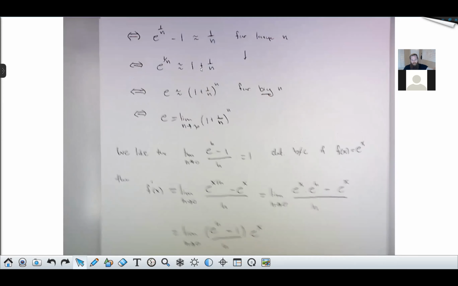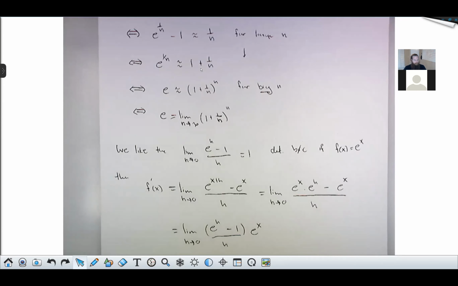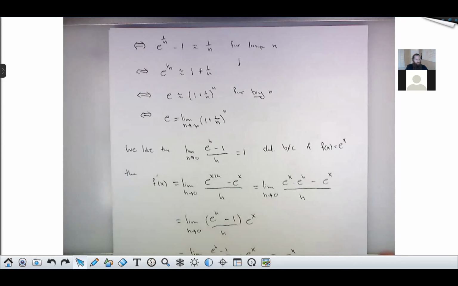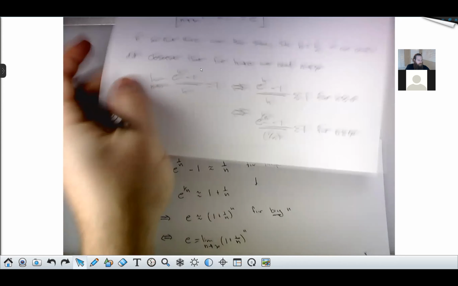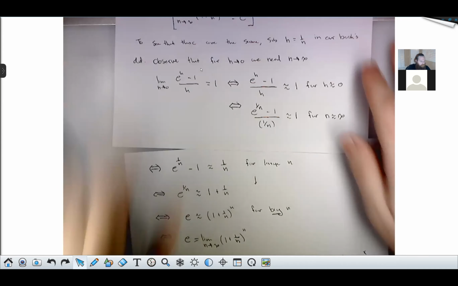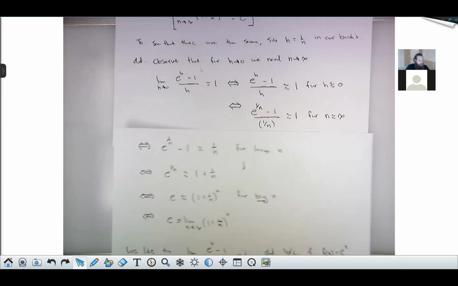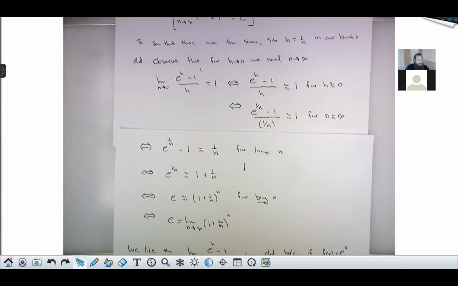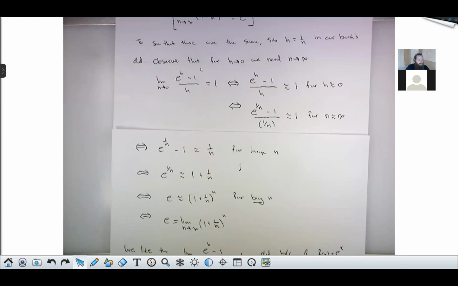Did anybody need to see any part of this again? Good. I might be able to sneak in most of it here if you want a screenshot. So here's the equivalence of the two definitions.